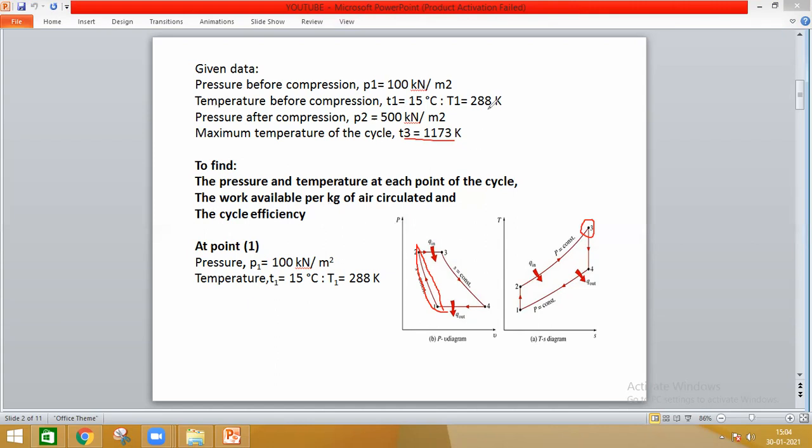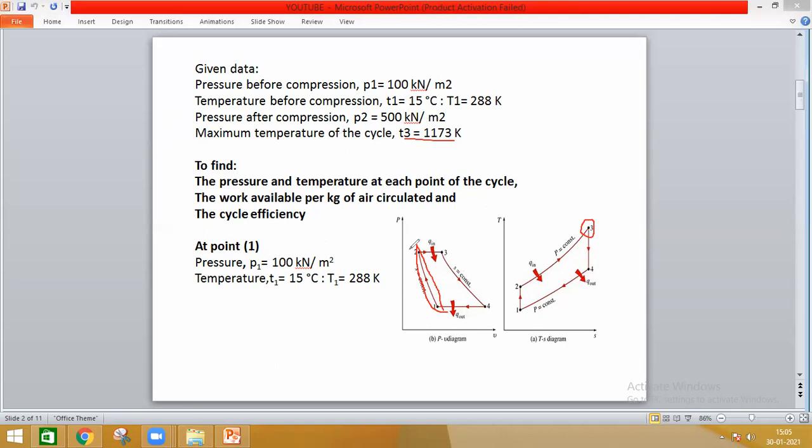So the given data is, pressure P1 before entering is 100 kilonewton per meter square, whereas the temperature at this point is 15 degrees Celsius. When we convert that into Kelvin, it is 288 Kelvin.